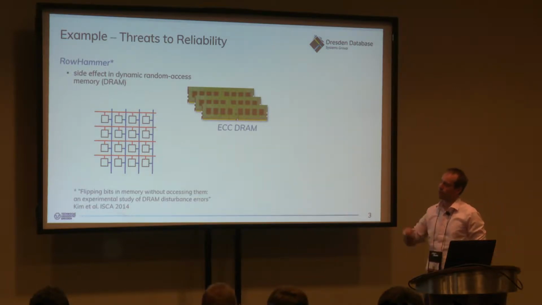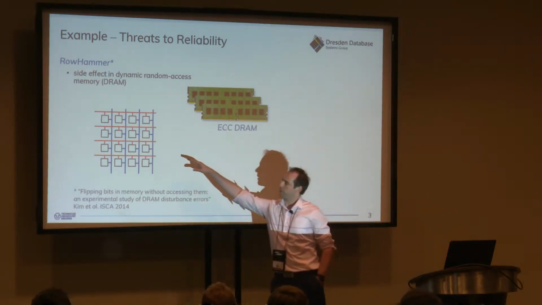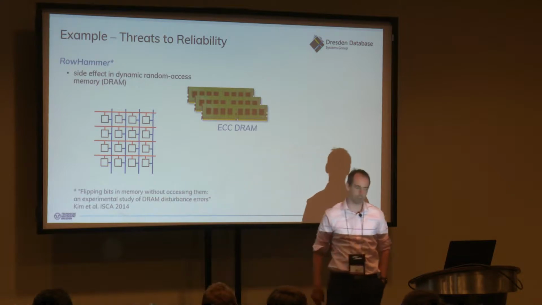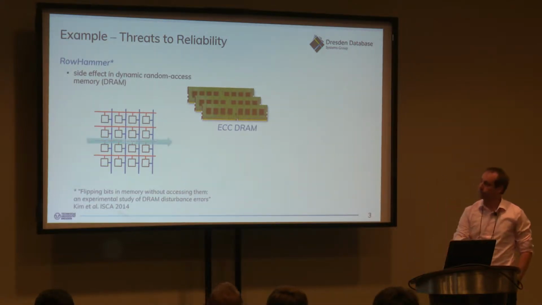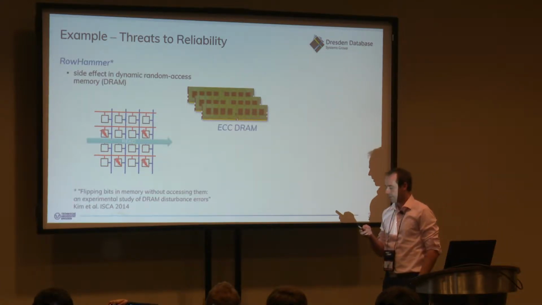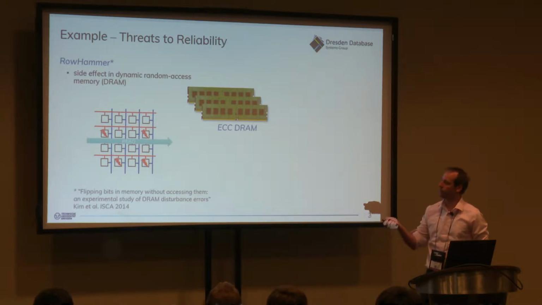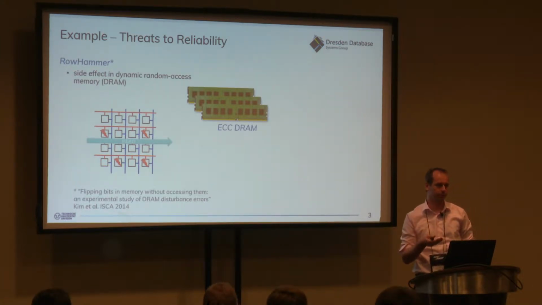On the left side, you see a DRAM array. When I want to read something from main memory, I have to put voltage to this accessor row here and to some of the accessor columns. And if I do this in very fast succession, it may happen that some of the bits in the surrounding rows change their state, which is known as a bit flip.